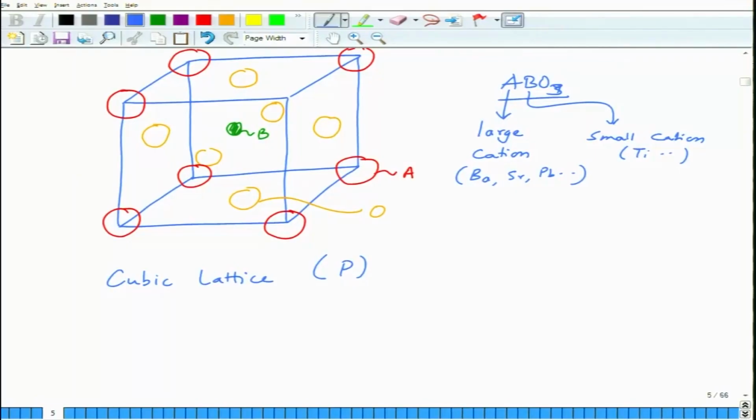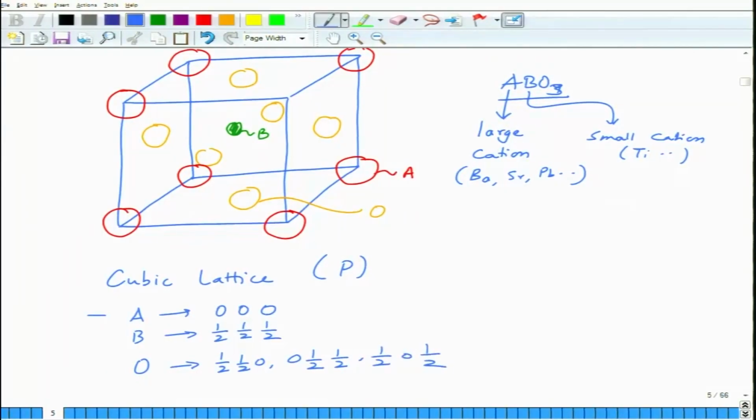It has one formula unit of ABO3, A atom being at 0, 0, 0, B at the body center, and oxygen at the face centers. You need to define all the positions.